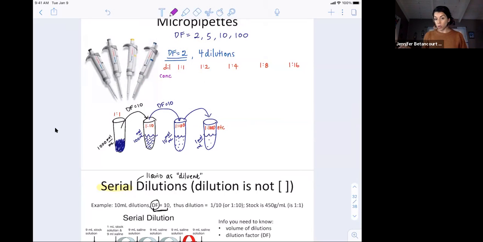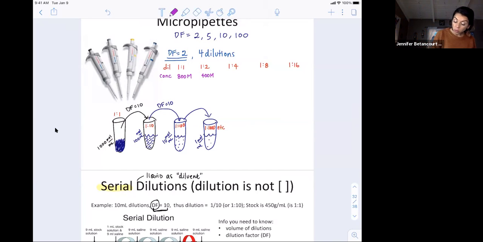If you happen to know the concentration of your stock, let's say the concentration of the stock was 800 molar. Every time you're cutting the concentration by half, you're just dividing by 2. The same way we kept dividing by 10, you just divide by 2. So that means the 1 to 2 dilution in theory would be 400 molar.